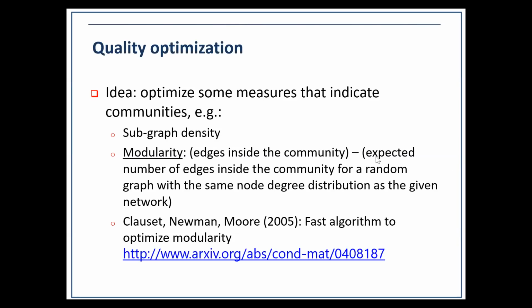And this notion, the observed number of something minus the expected number of something, is known in statistics. There is a test in statistics that does something similar. If you don't know it, I don't expect you to guess it. But maybe you know the particular test that says something about the number of observed edges minus the number of expected edges. Do you know that test?